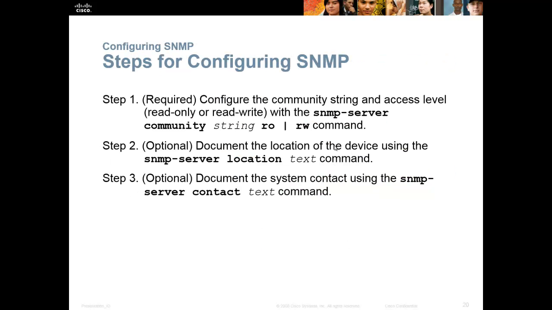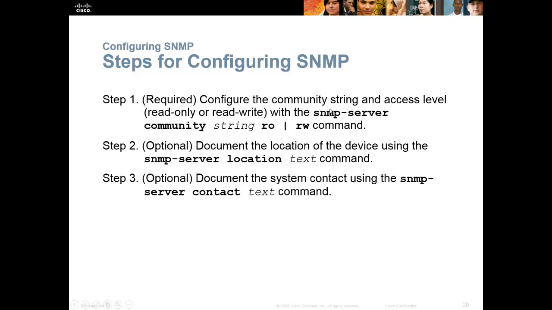But when they show you how to configure it, they make it a lot worse than it has to be. All you have to do is step 1. All other steps are optional. So all you have to do is go to your router and turn on snmp-server community, and then whatever you're going to name the community. It can be community public, community private, whatever you want to name it, and then either read only or read write.